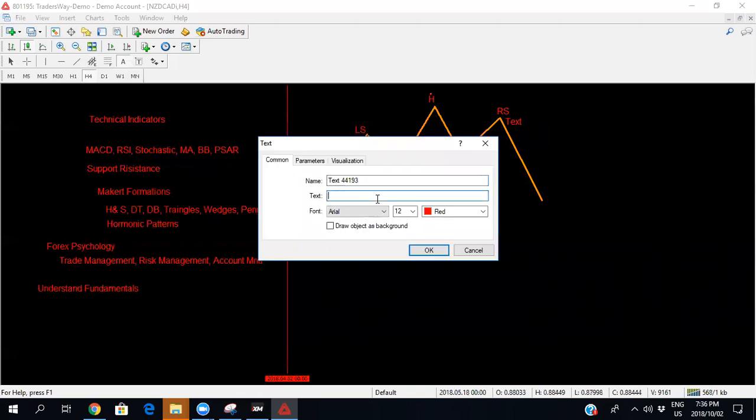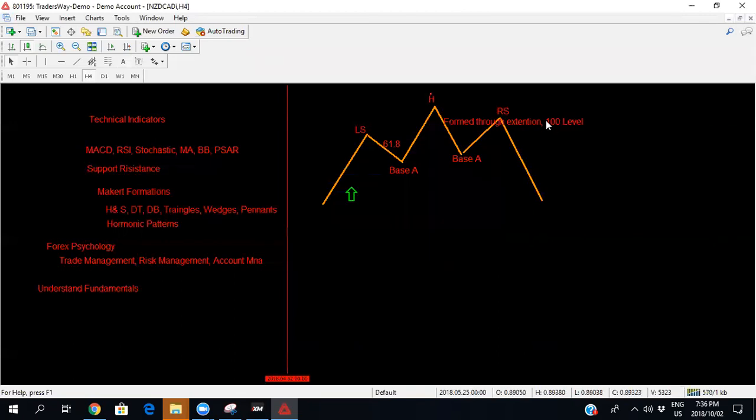It's formed through extension. The extension is to 100 level. That is your right shoulder.